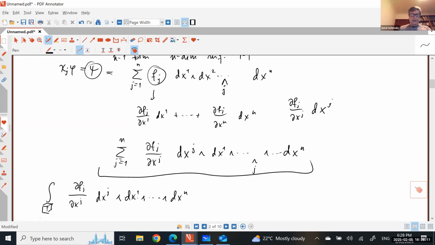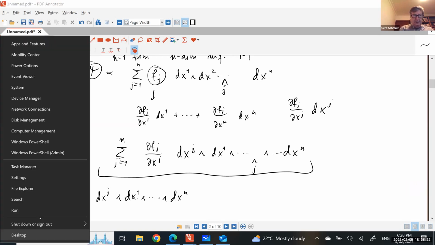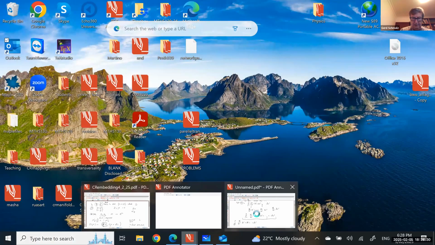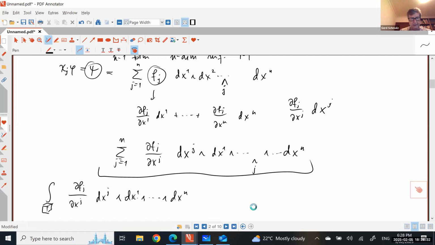And I said when I am on my cube and my frame, the coordinate system is positive oriented.